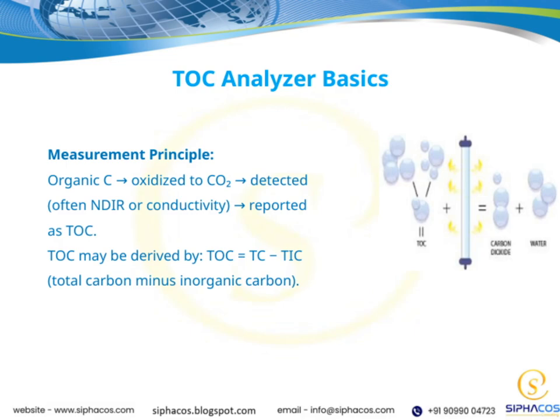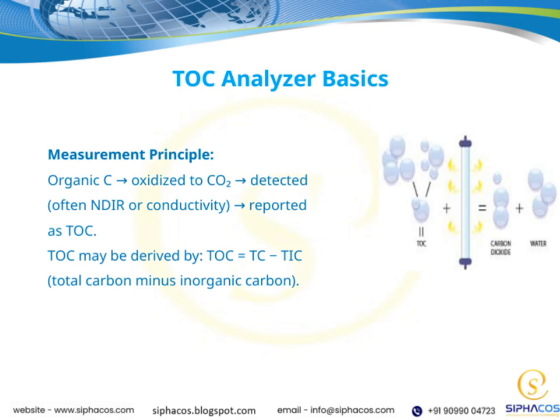Let's take a closer look at the basics of TOC analyzers. The core measurement principle involves organic carbon, or OC, which is first oxidized to produce carbon dioxide, CO2. Once we've got CO2, we detect it using common methods like non-dispersive infrared, or NDIR, or sometimes conductivity detection. The amount of detected CO2 then allows us to report the total organic carbon, or TOC, in the sample. It's also helpful to understand how TOC can be derived.